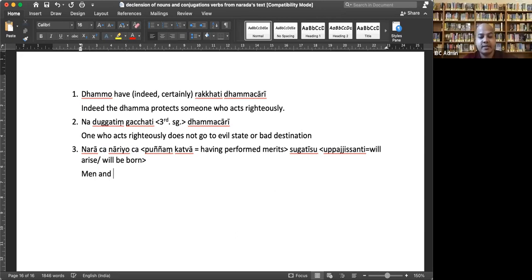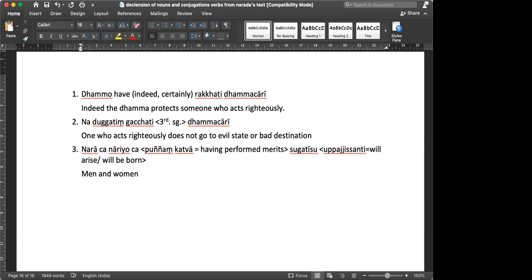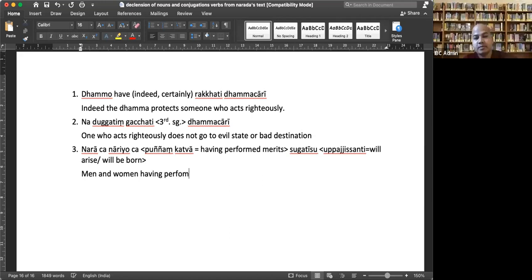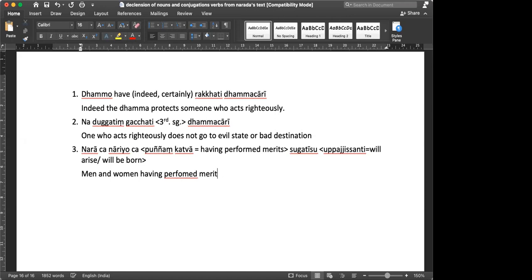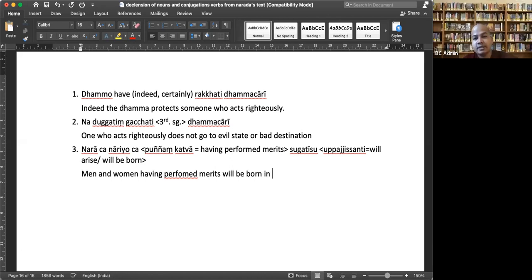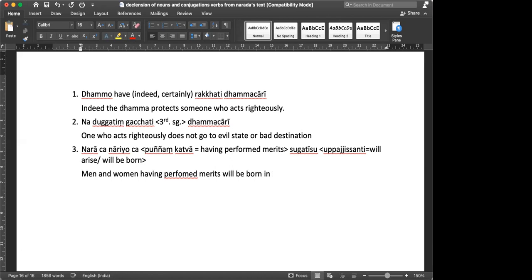Men and women, having performed merits, will be born in sugatisu, in the heavens.